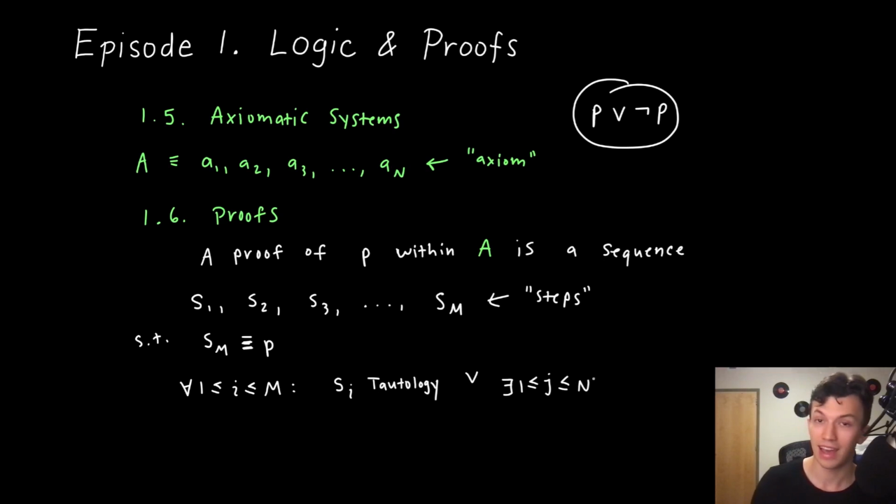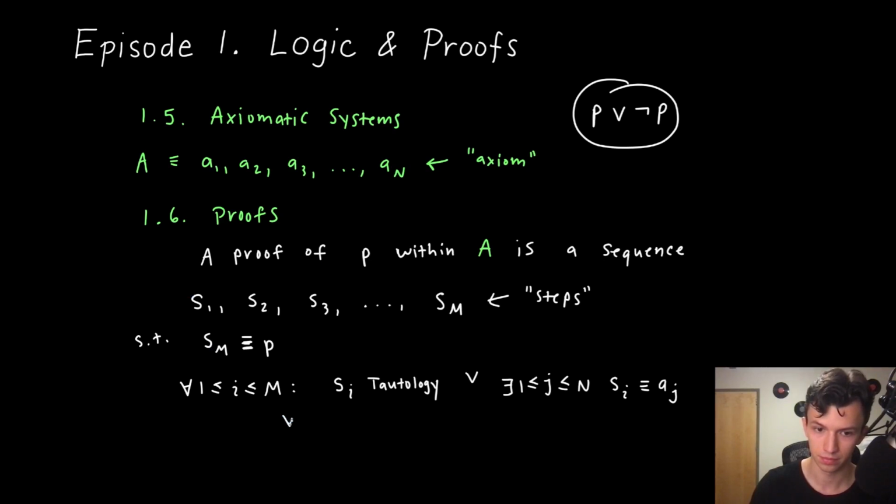So there exists an axiom such that S sub I is that axiom. So far we want the last step of the proof to be the proposition we're proving. And we also want each step to be true in the sense that it's either a tautology or an axiom. Or there's this third case.